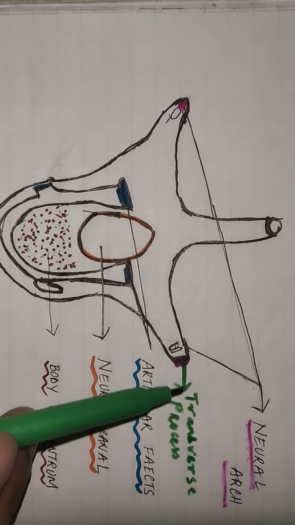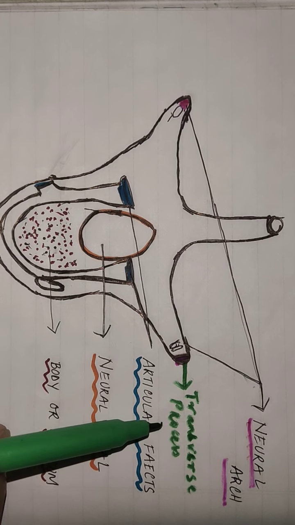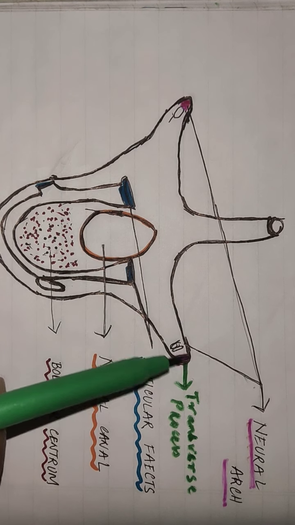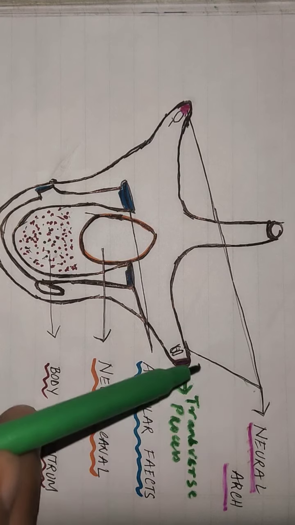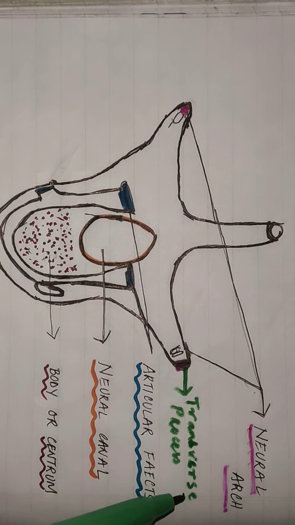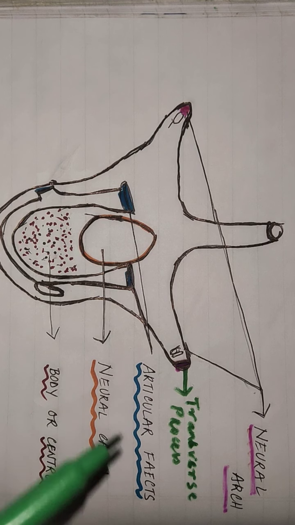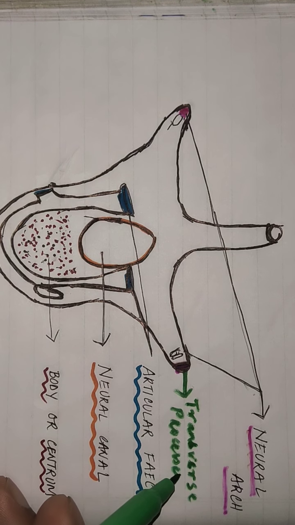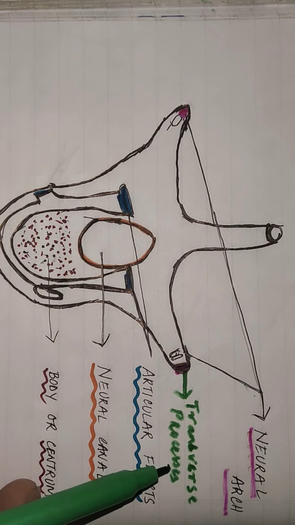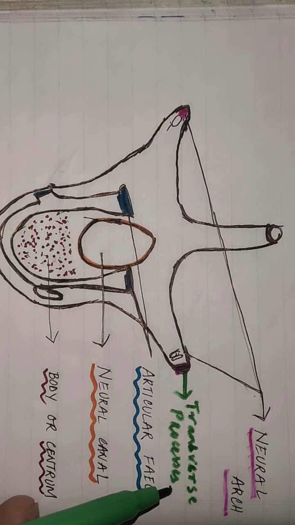Now we have the transverse process, a thick sideward projection that arises from the neural arch. The main function of this transverse process is that it helps in the attachment of muscles and ligaments.